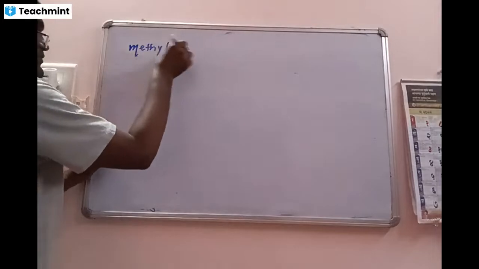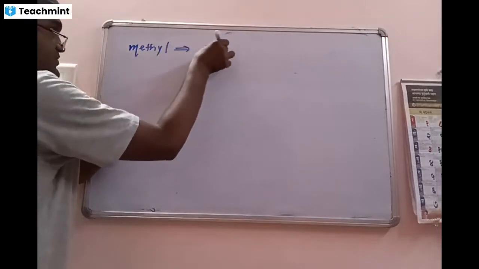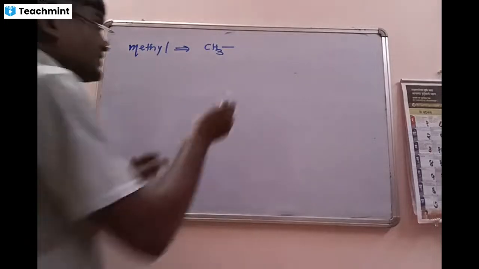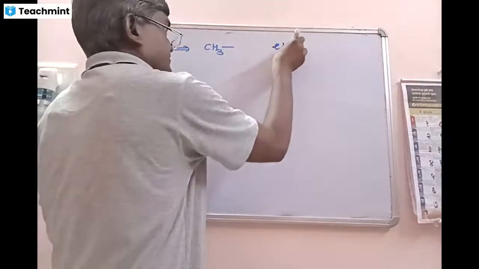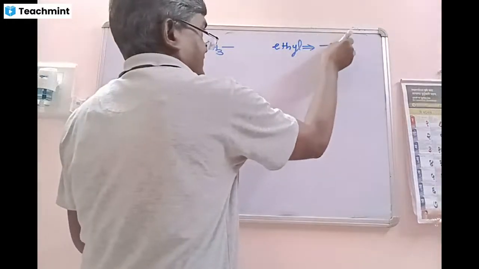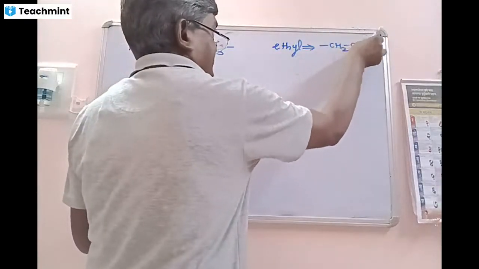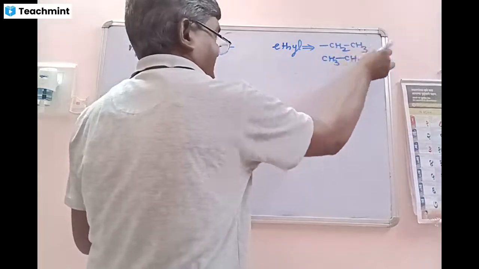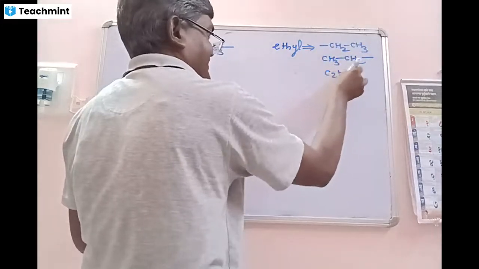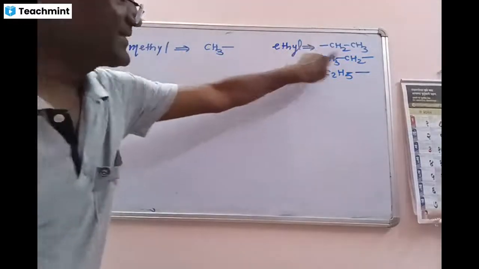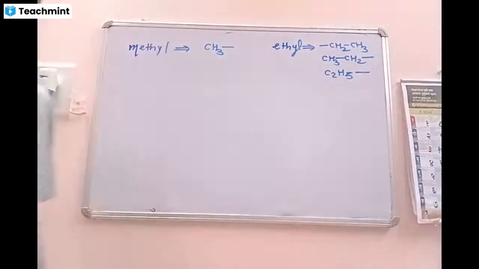मिथिल जब बोल रहे हैं आप तो उस कंपाउंड में इतना तो होना चाहिए, है ना? और इथिल बोलते हैं उस कंपाउंड में इतना पार्ट होना चाहिए. 3 अलग अलग तरीके से लिखा है हमने C2H5 को. इधर से भी लगा सकते, इधर से भी लगा सकते, यहाँ पर भी लगा सकते.